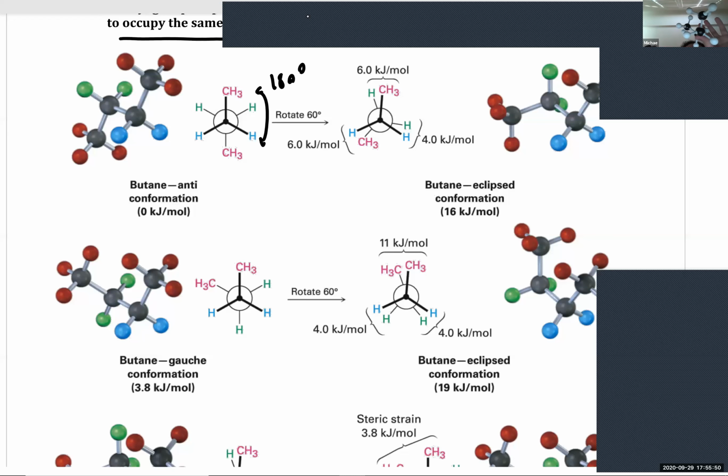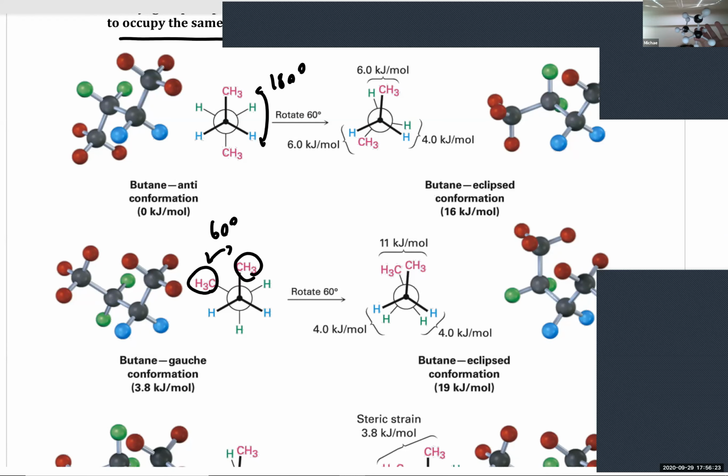Okay, so does everyone see how our two methyl groups have a 60-degree dihedral angle separating them? Now, does everyone notice how these methyl groups also take up a fair amount of space?